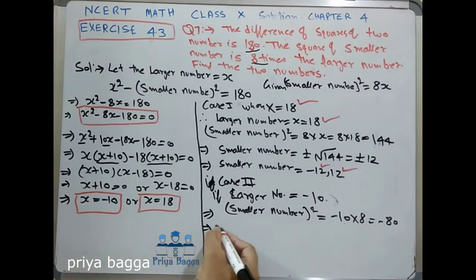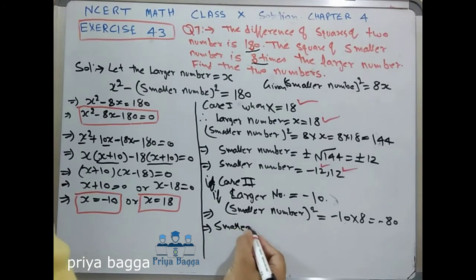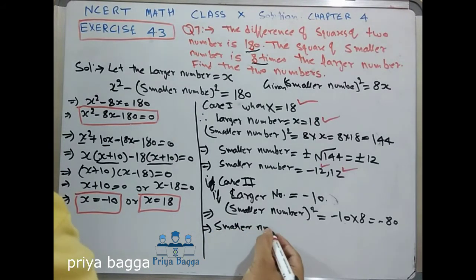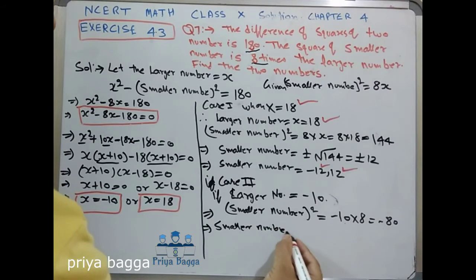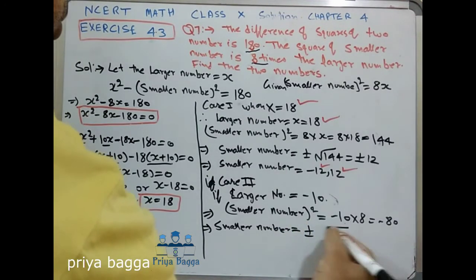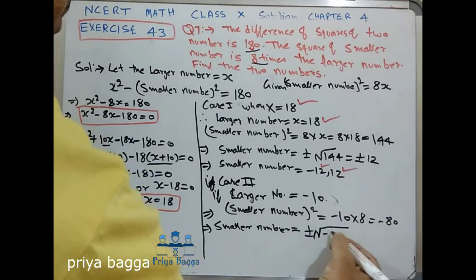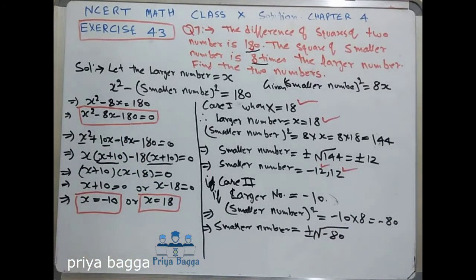Which implies the smaller number is equal to plus minus square root of minus 80, right?